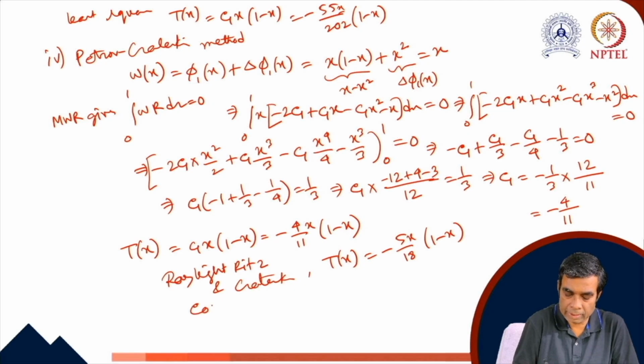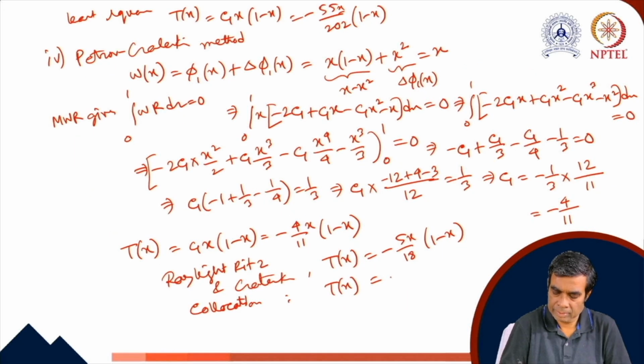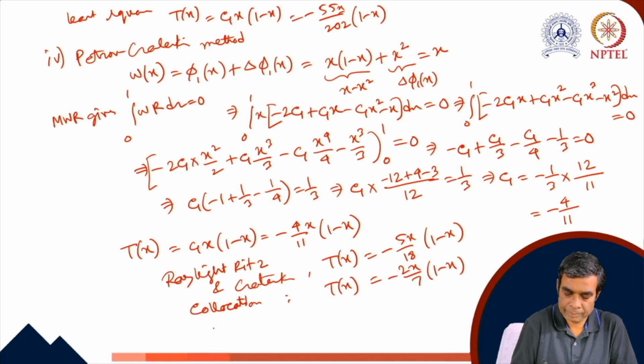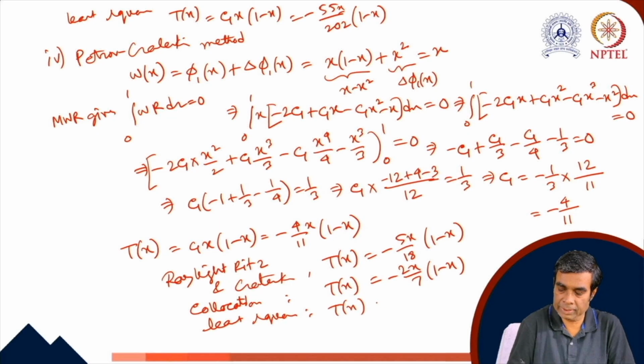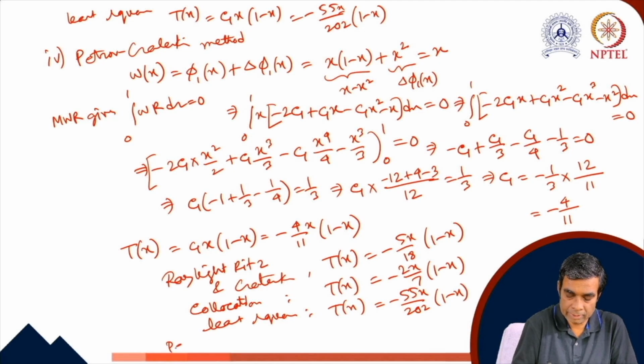Then using collocation, we had Tx equals to, let us check the number what I got, minus 2x by 7, 1 minus x. Then least squares, Tx value is minus 55x by 202 into 1 minus x. And finally we did this PG method, Petrov-Galerkin.